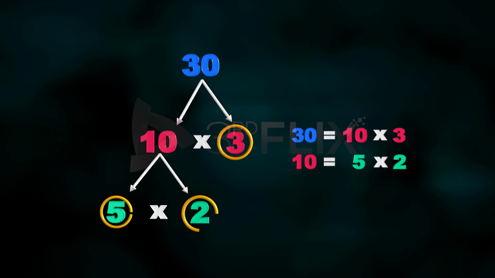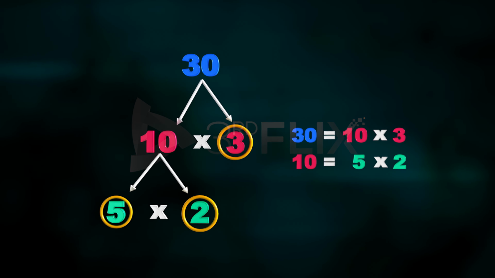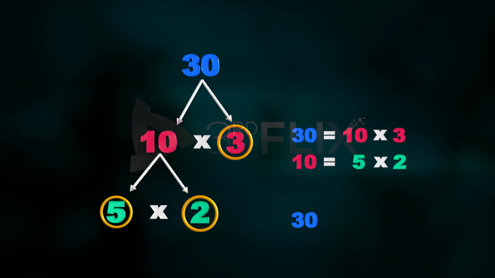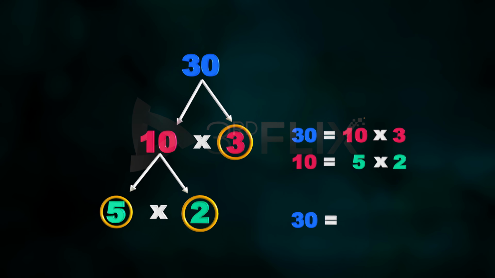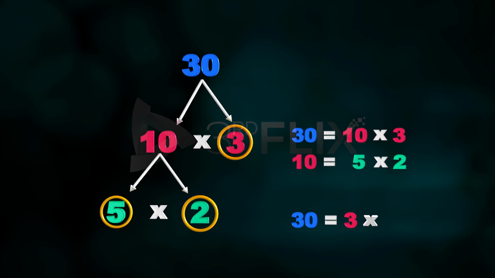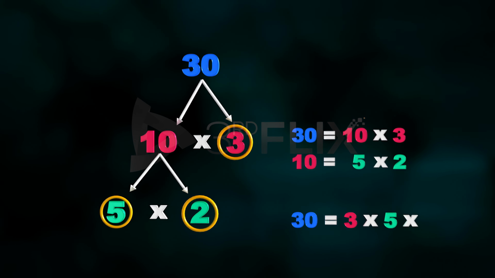Therefore, the prime factorization of 30 is equal to 3 into 5 into 2.